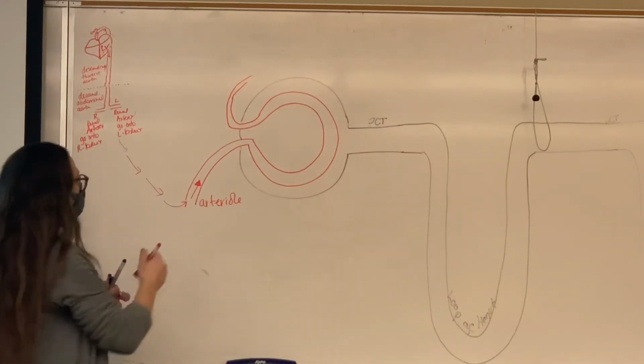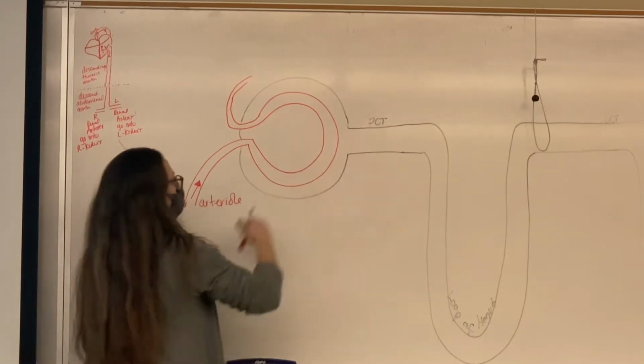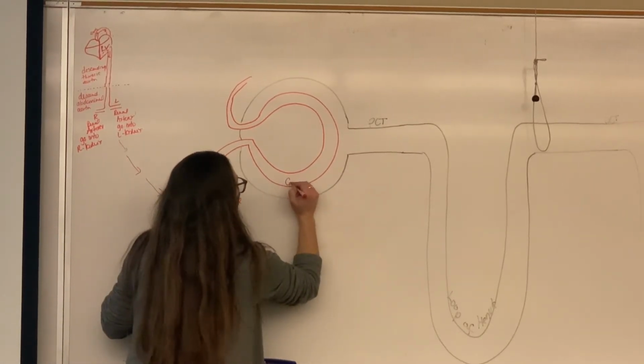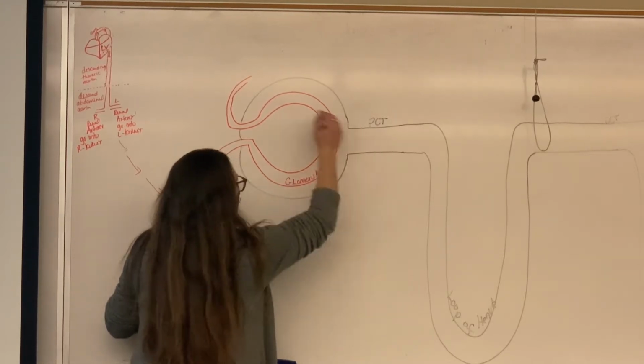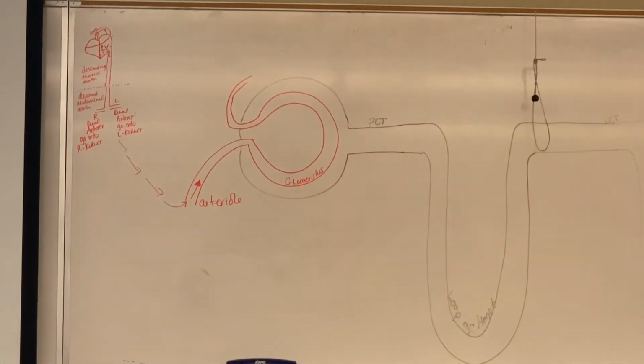Okay, so we've got an arteriole taking us into the glomerulus. Glomerulus is inside a Bowman's capsule, and the glomerulus is just a tuft of capillaries.